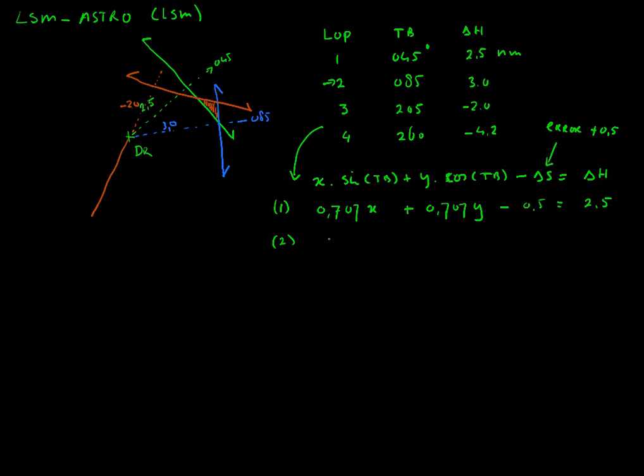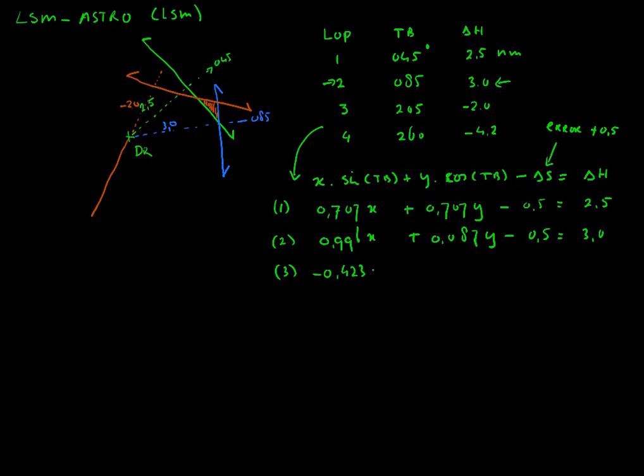Second equation, the second observation, gives the sine of 85 degrees, which is 0.996x plus 0.087y minus a half equals 3.0, which is this number over here.